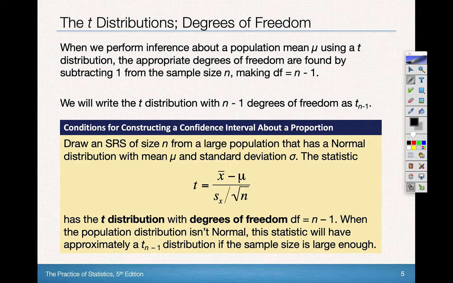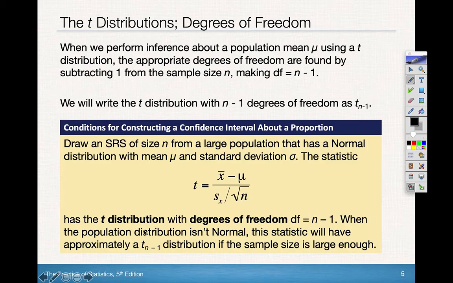Easiest thing on the earth. Sample size minus 1. When we perform inference about a population mean mu, so what does that mean? It means we're trying to estimate the unknown mean of a population. We use a t-distribution with sample size minus 1 degrees of freedom, df.